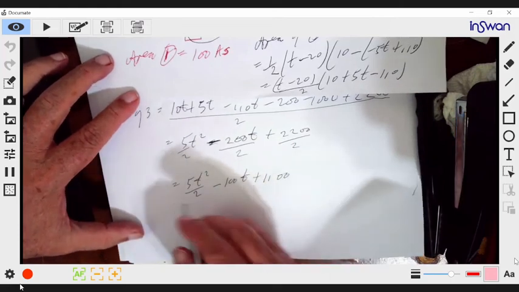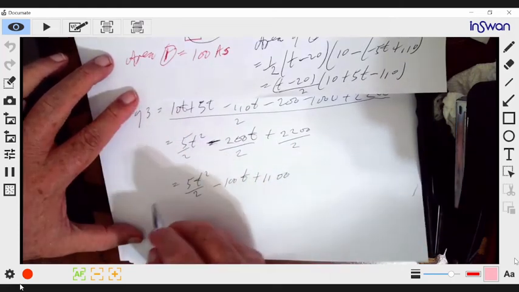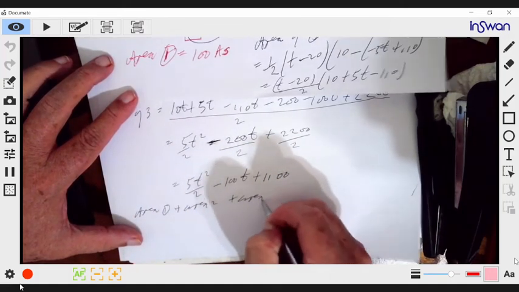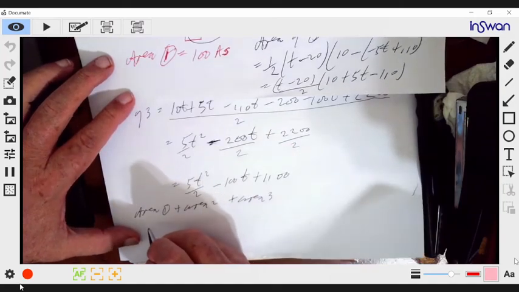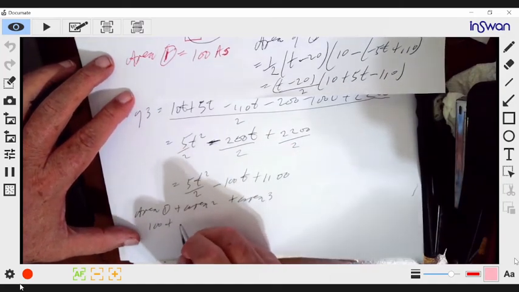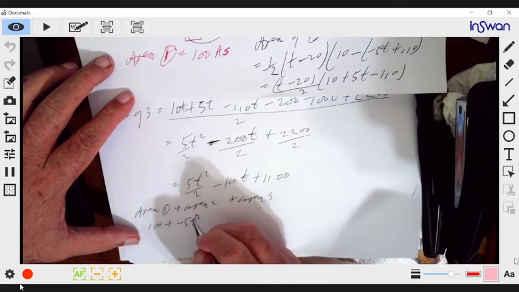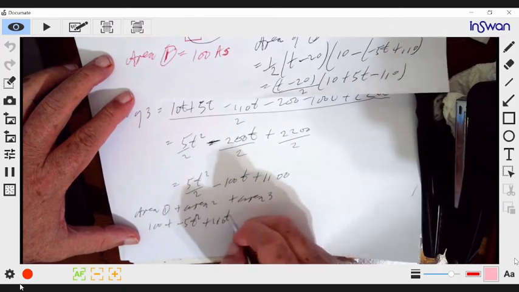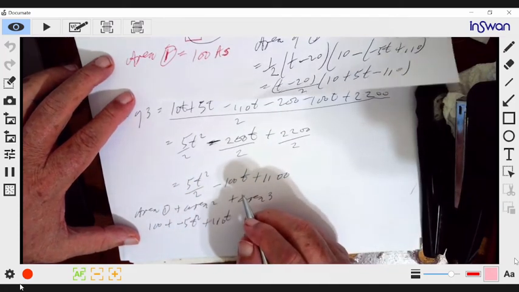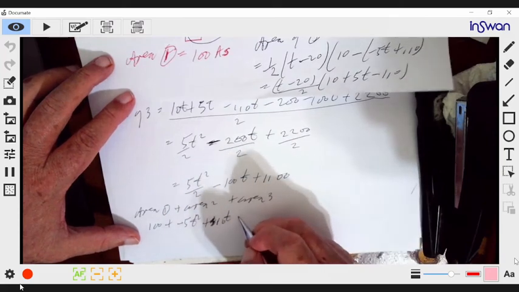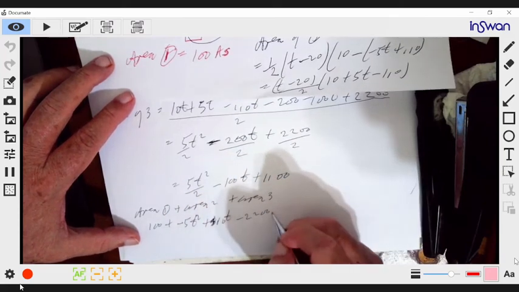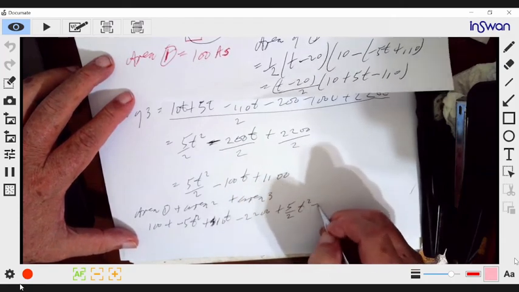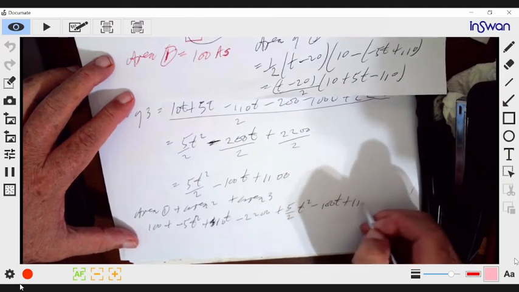So the total area then is area 1 plus area 2 plus area 3. So area 1 was 100, area 2 was negative 5t squared, plus 110, no, plus 10, minus 2200, plus 5t squared, minus 100t, plus 1100.